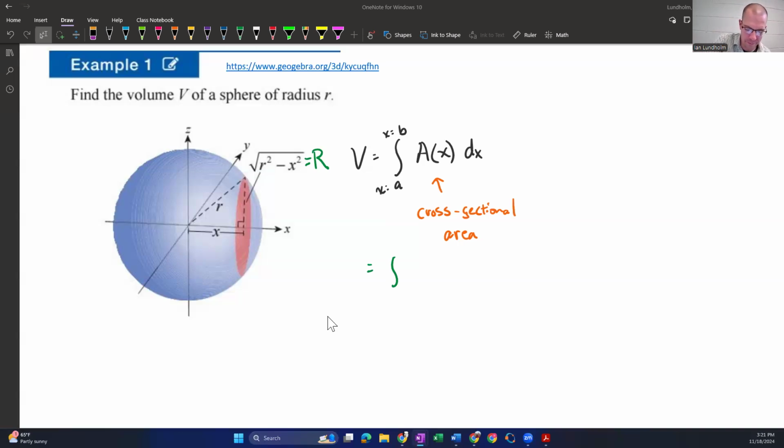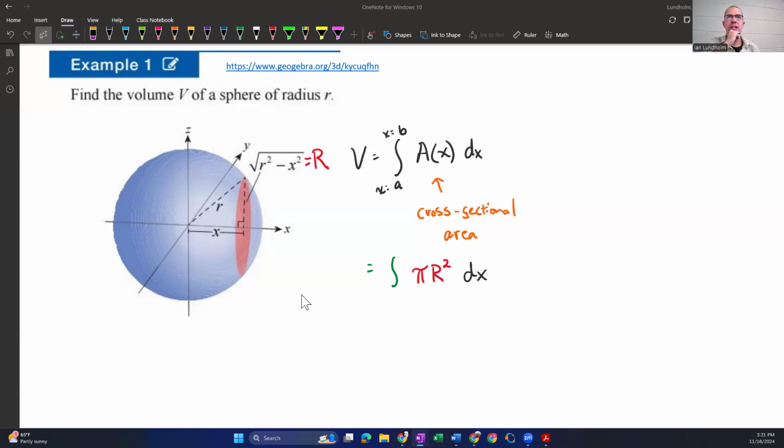Let me go ahead and write that for pi big R squared. And now I'm tempted to make this red instead of green. I know, I just changed my mind. But yeah, that's a good cross-sectional area. We're still going to be working with dx.